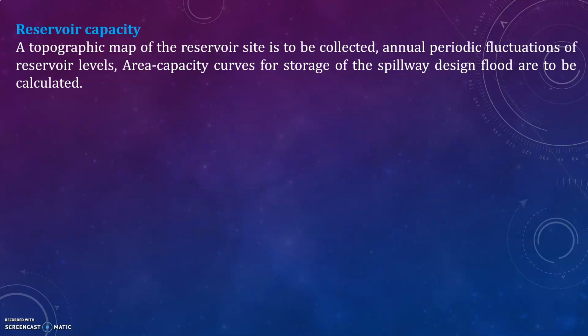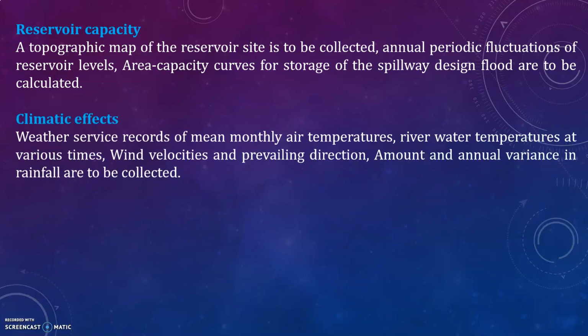Reservoir capacity, a topographic map of the reservoir site is to be collected. Annual periodic fluctuations of reservoir levels, area capacity curves for storage of the spillway, and design flood are to be calculated. And also climatic effects: weather service records of mean monthly air temperatures, river water temperatures at various times, wind velocities and prevailing direction, amount and annual variance in rainfall are to be collected.